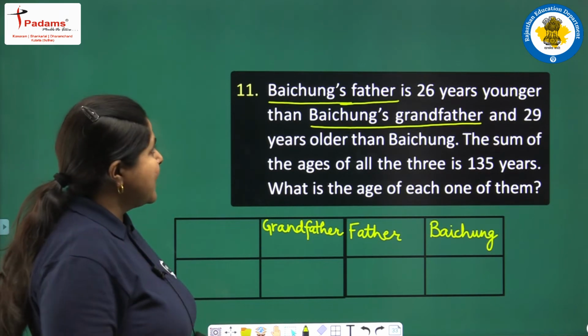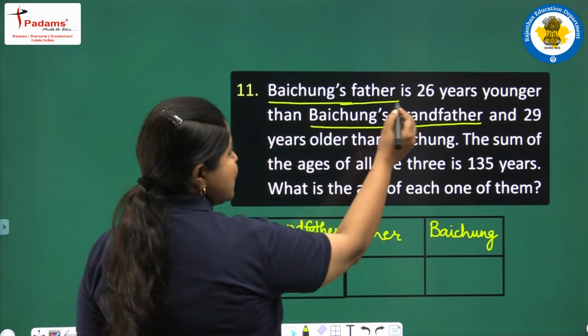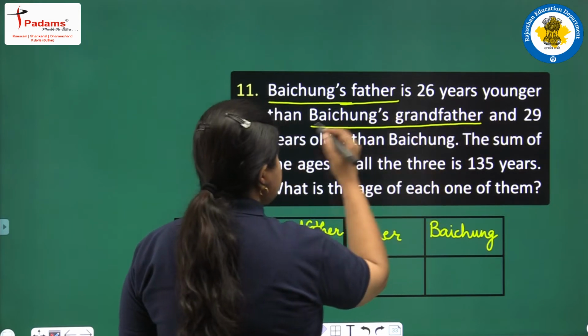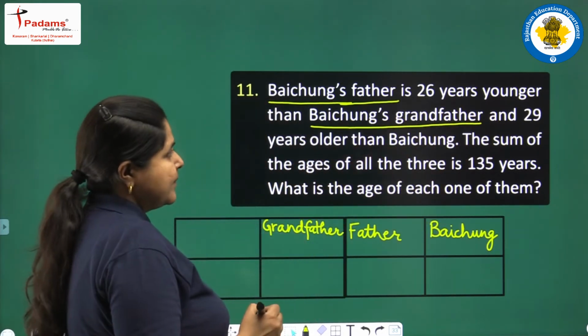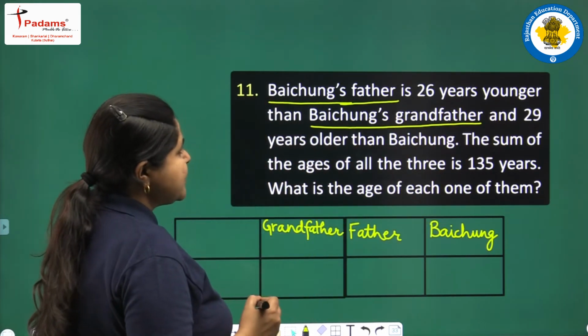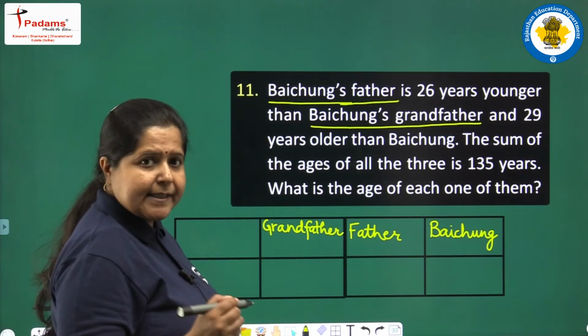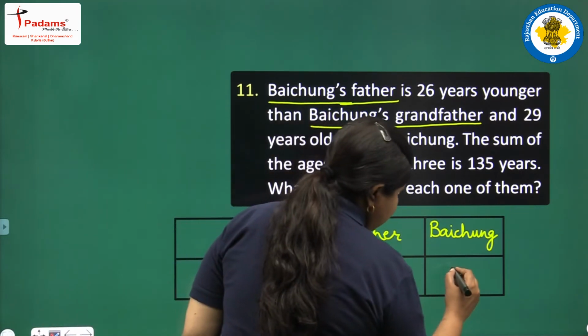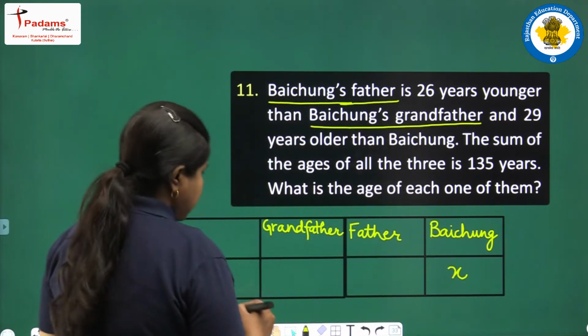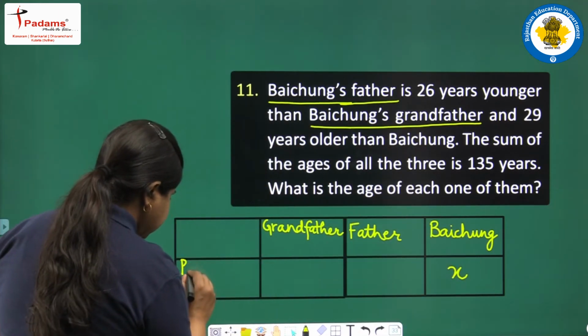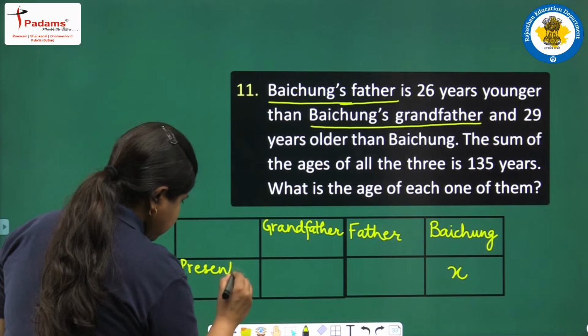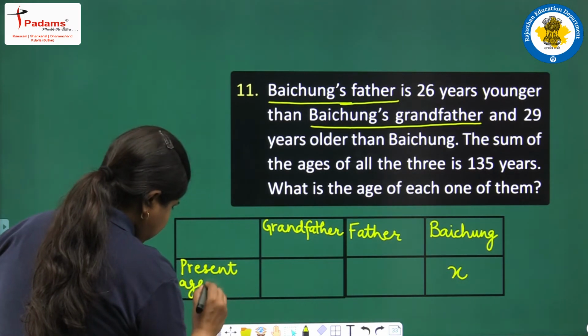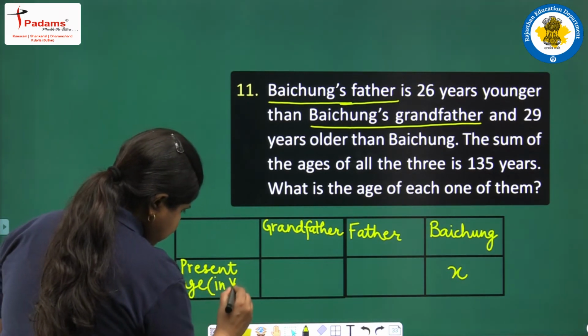Let us see. Baichung's father is 26 years younger than Baichung's grandfather and 29 years older than Baichung. Let us take the present age of Baichung to be x. We are writing here the present age of all the three people in years, of course.